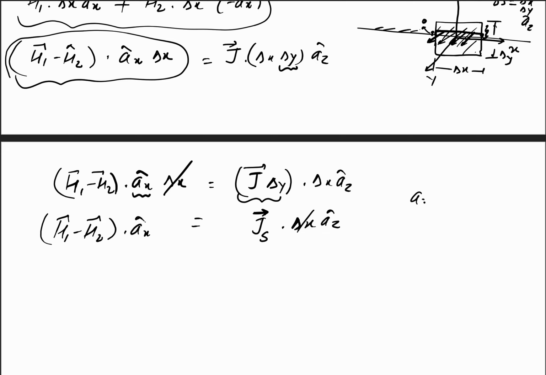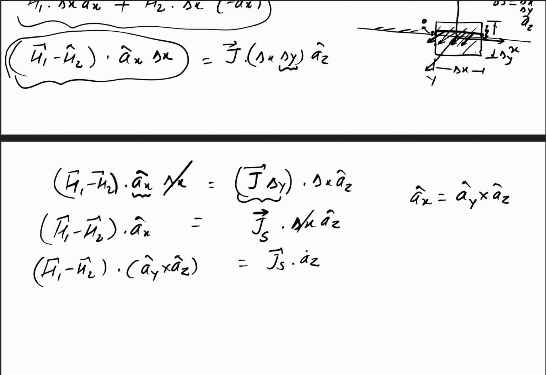Now ax is equal to ay cross az. So I can write here H1 minus H2 dot ay cross az is equal to Js dot az.